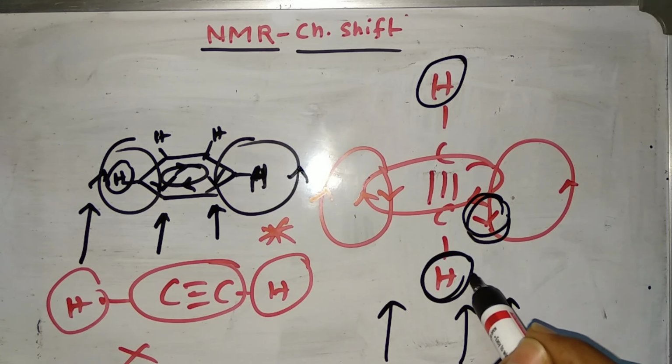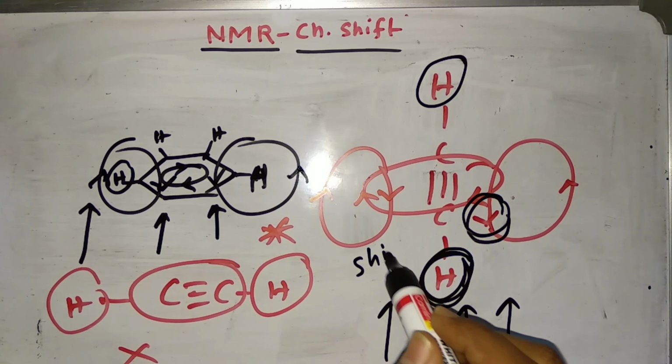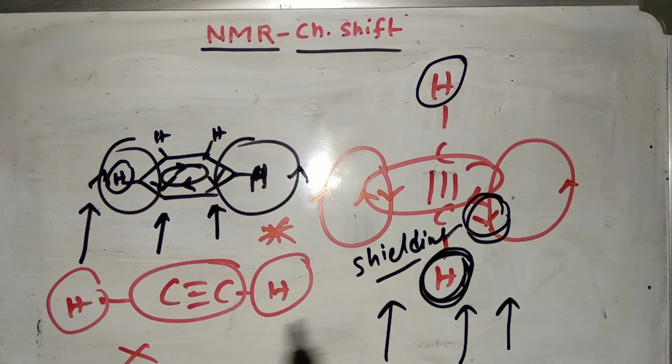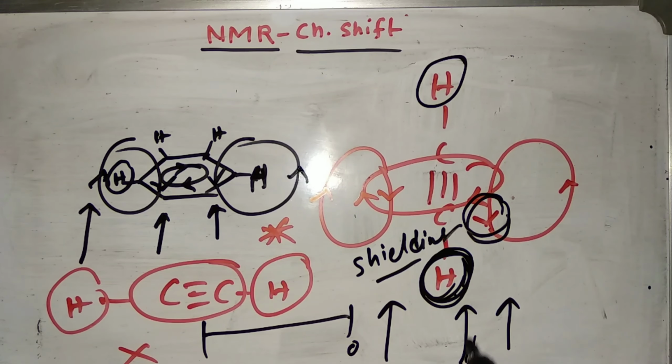So that is why this proton is in the shielding region. This shielding causes the chemical shift, because to resonate this proton you have to apply more and more magnetic field, and that will give the chemical shift value very less, because this distance will be very low.